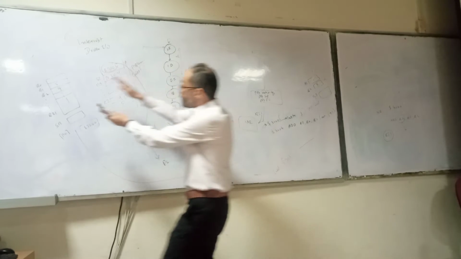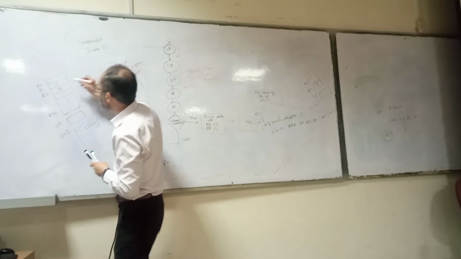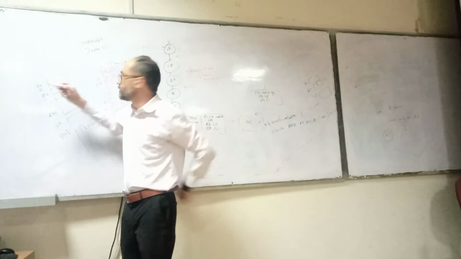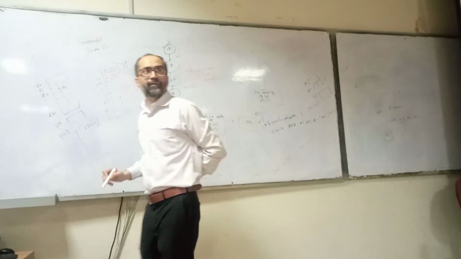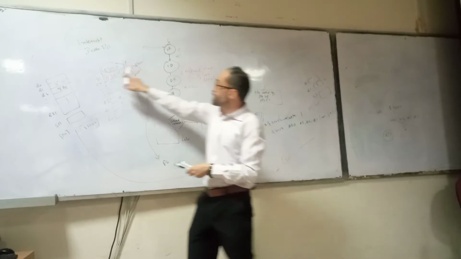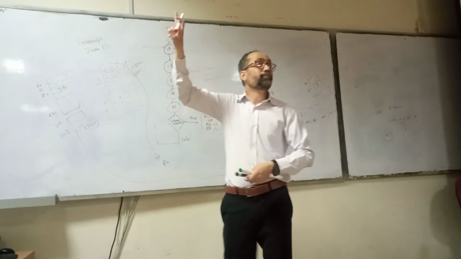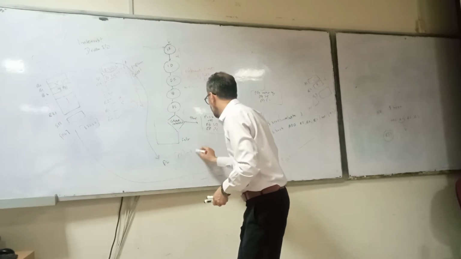Okay, when all these values are on the stack, maybe these values are changed by the ISR. Maybe this is 35, maybe this is 96. So when the program is resumed, the value that is on the top of the stack will be moved here, to the program counter.